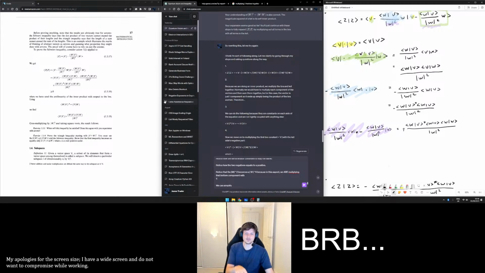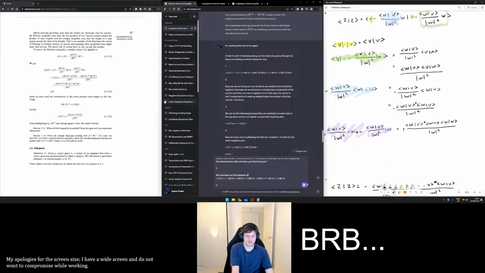And notice that W becomes W4 because in this act we are multiplying that bottom component, that denominator, with a fraction part that isn't just 1. 7.